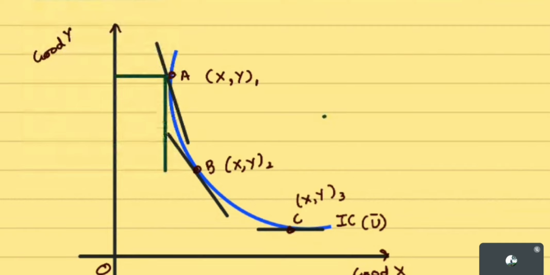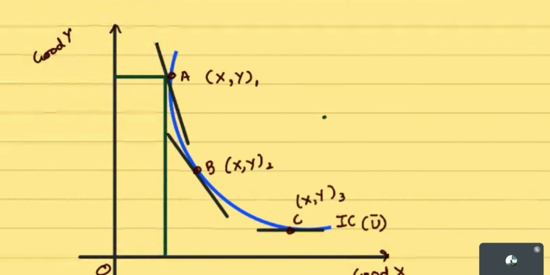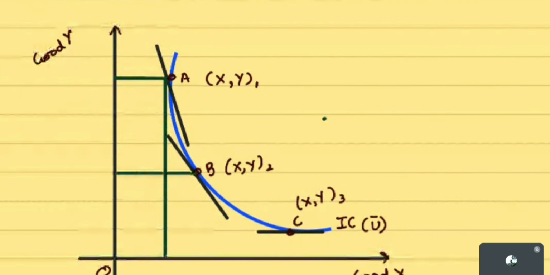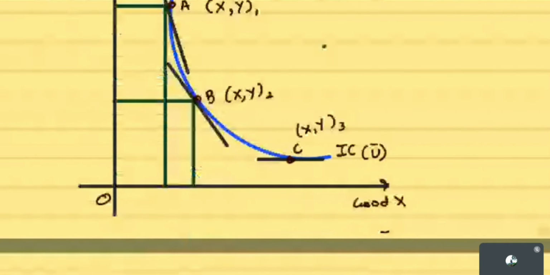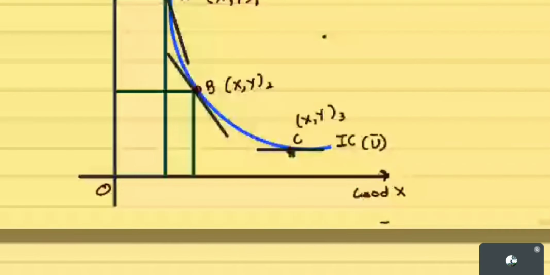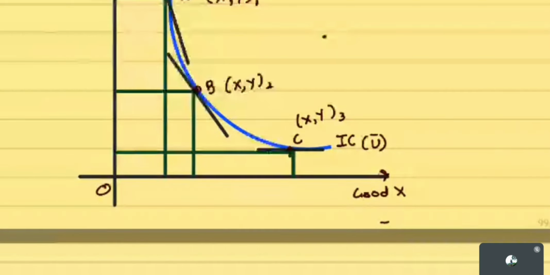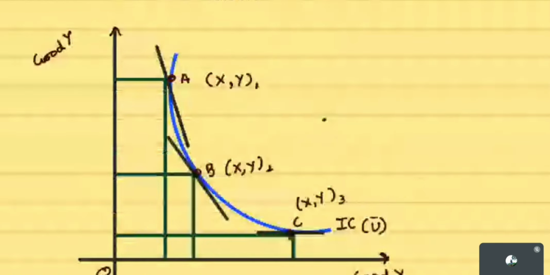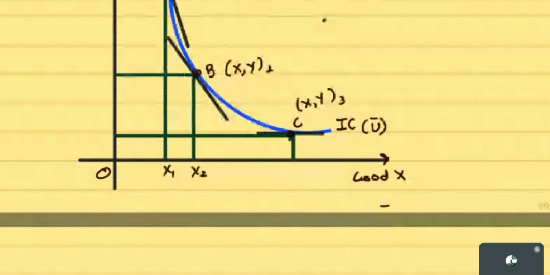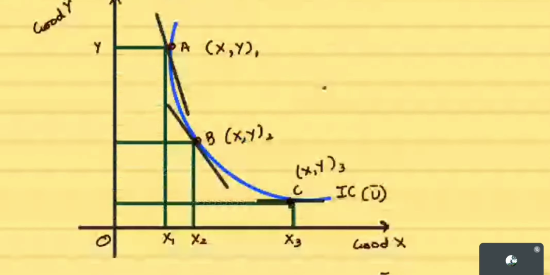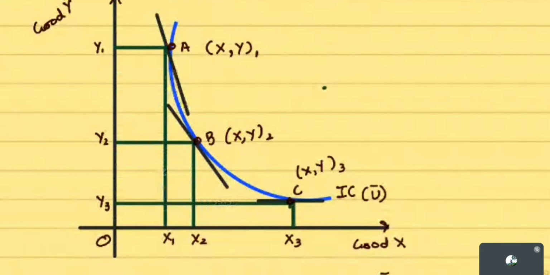At this point, you have more of Y, less of X. At this point, you have an equal amount of good Y and good X. And at this point, you are consuming more of X and less of Y. This is X1, X2, X3. Similarly, this is Y1, Y2, and Y3. But at all the points you have a different slope, and it is decreasing as well.